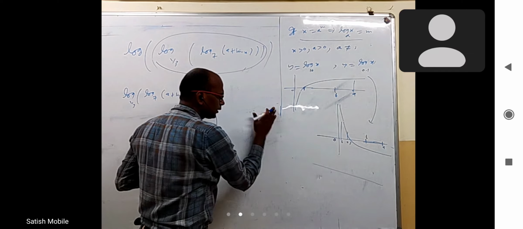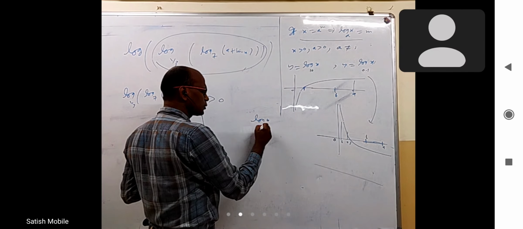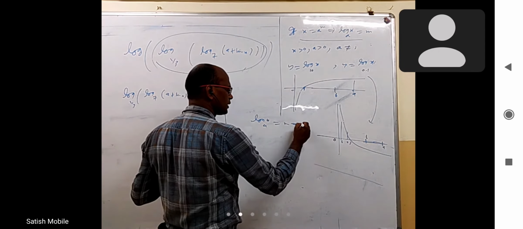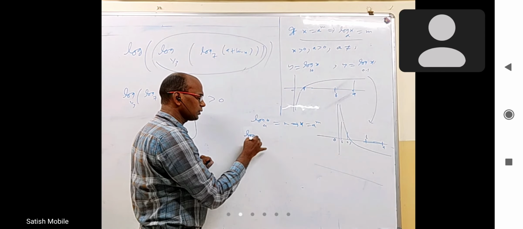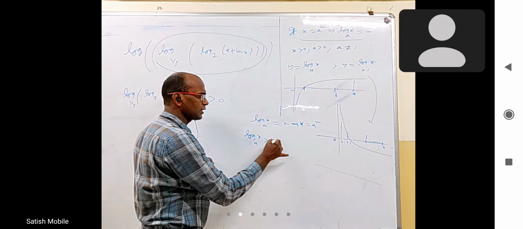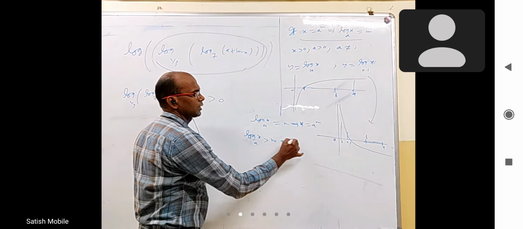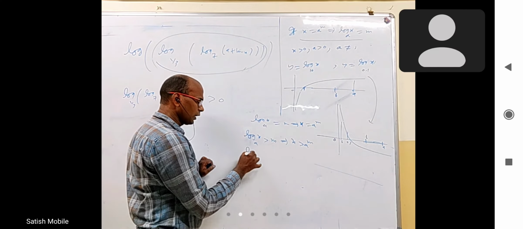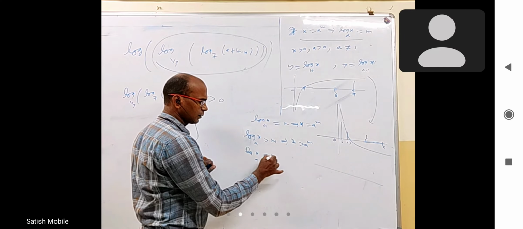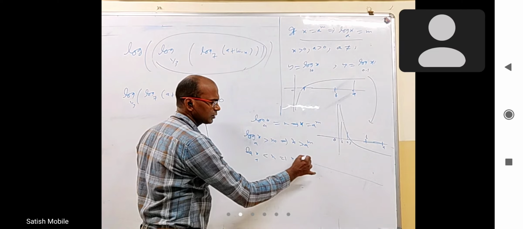Log x base a is equal to m means I can write x is equal to a power m, right? But if I write log x base a greater than m, then I should write x is greater than a power m. If I write log x base a less than m, I have to write x is less than a power m.